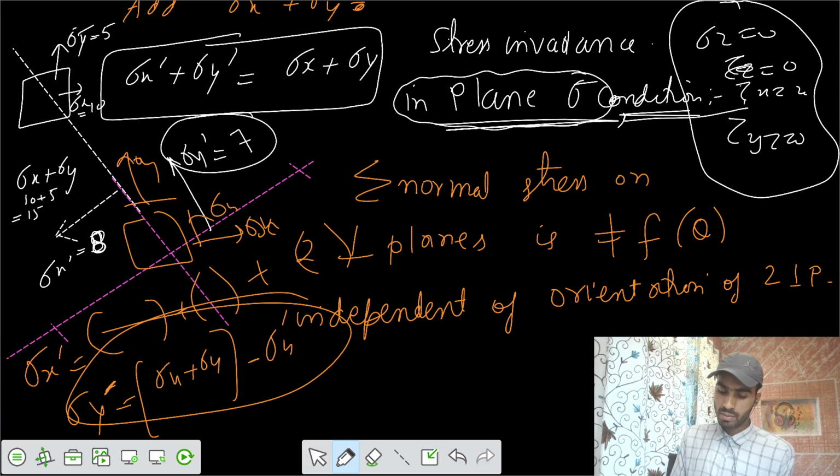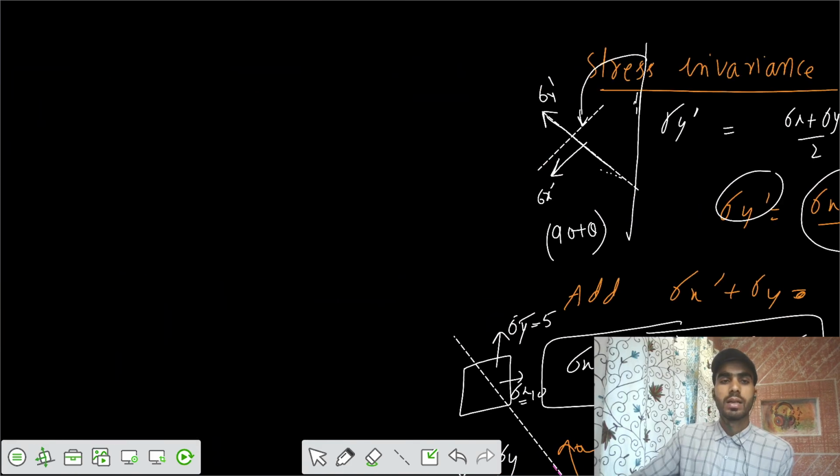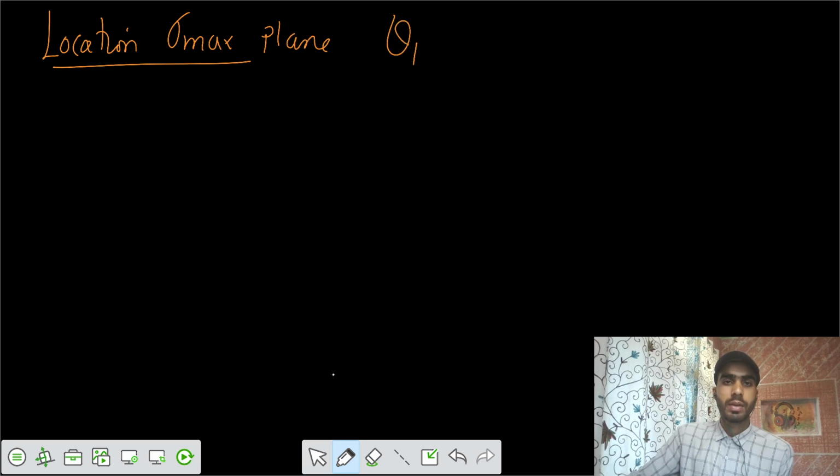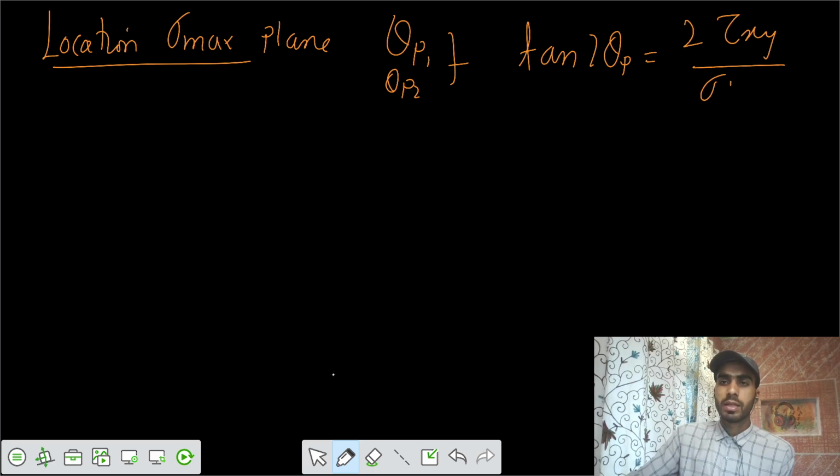We also found the maximum theta planes. We also got tau max at theta shear. But we forgot one thing: when we derived the theta principal plane, the location of the sigma max plane, we got theta p1 and theta p2, where tan 2 theta p equals 2 tau xy by sigma x minus sigma y.